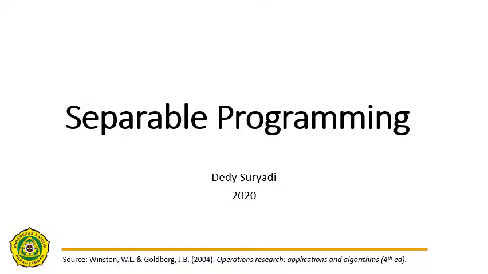Specifically for quadratic programming, we use phase one of the two-phase simplex method. And here in separable programming, you will see that we do the same thing, the same idea. We try to convert everything that is nonlinear to become linear, and then we solve that linear programming problem using the simplex algorithm. So let's start.